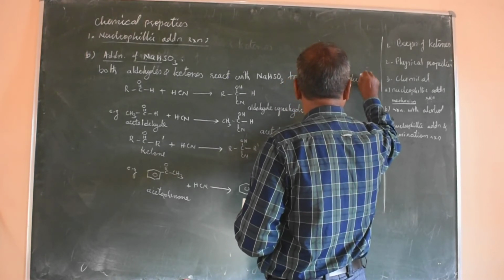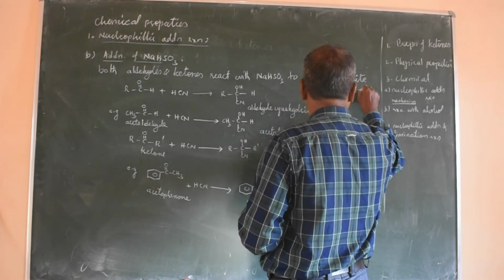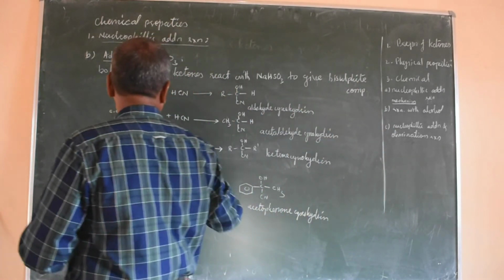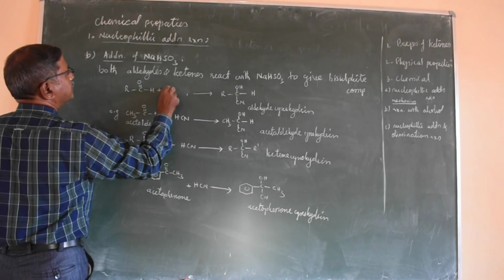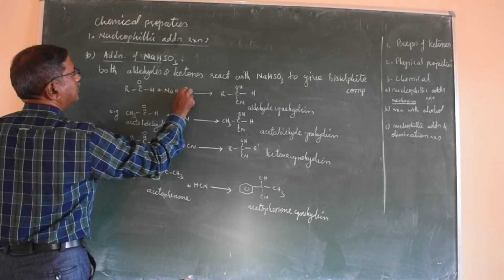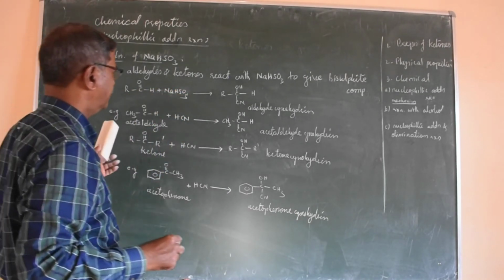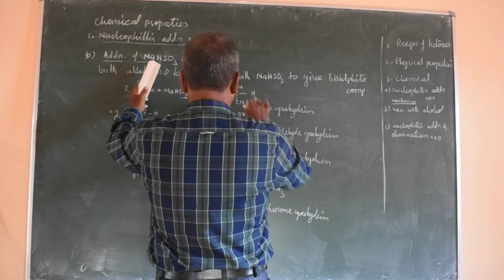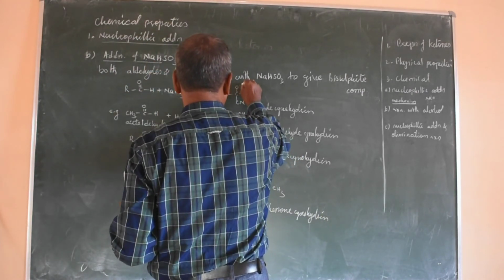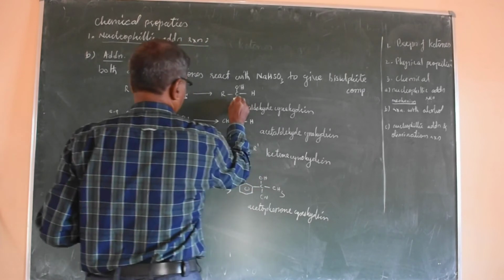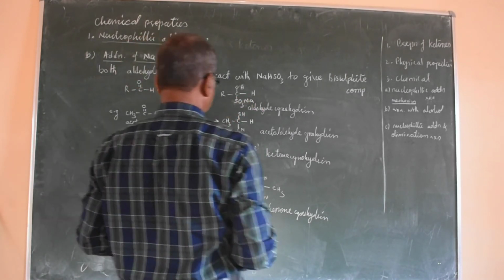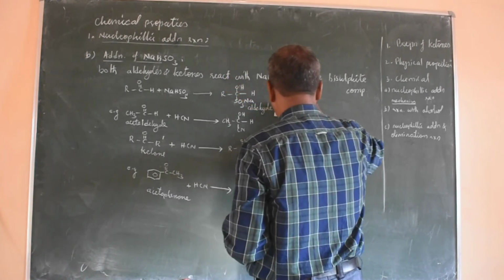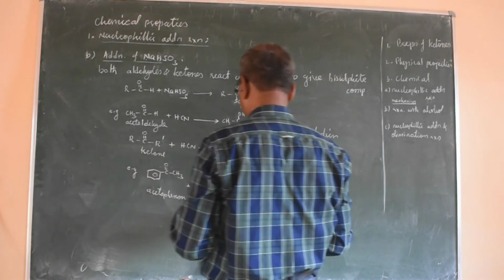Here, aldehyde plus NaHSO3: the product is where C double bond O changes into C-OH, and here we have SO3Na. This is the aldehyde sodium bisulfite compound.